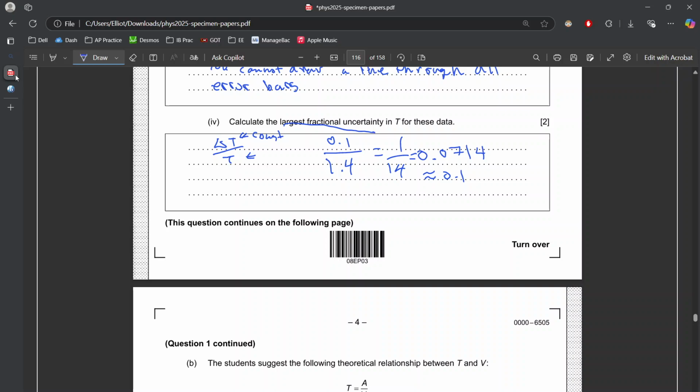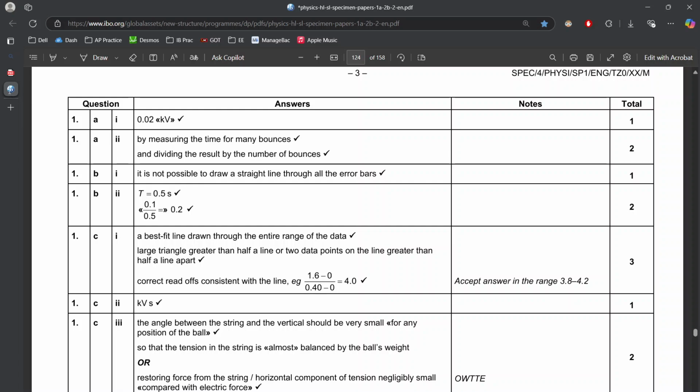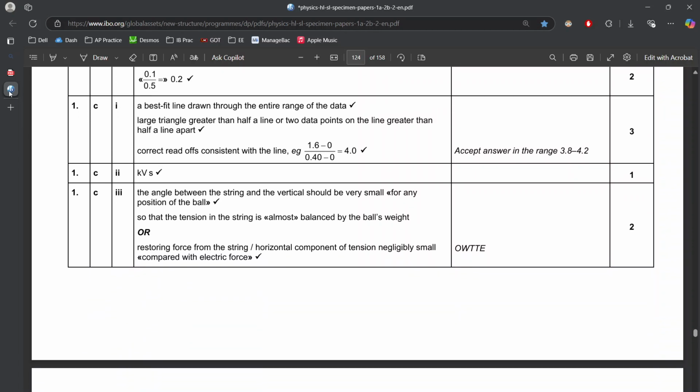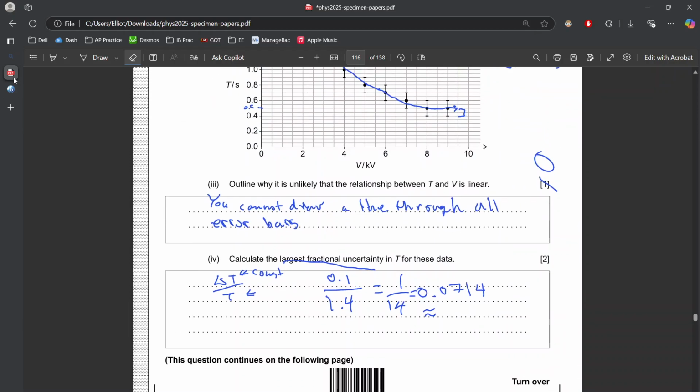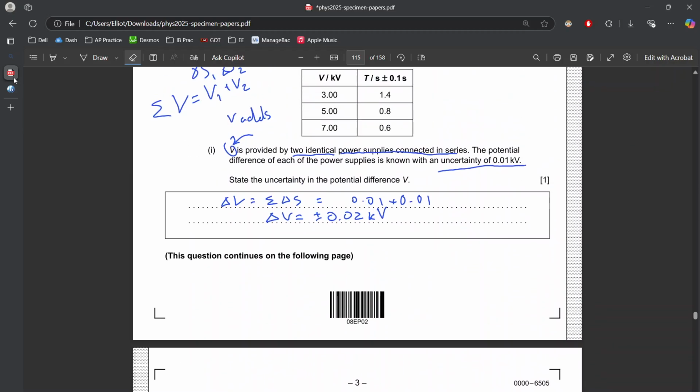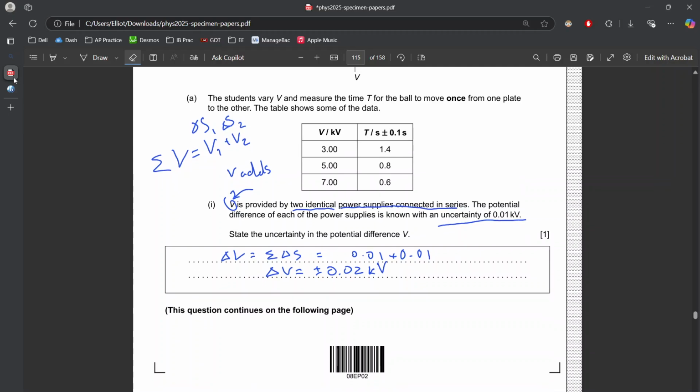Let's see. What am I on right now? 1C, 1A.